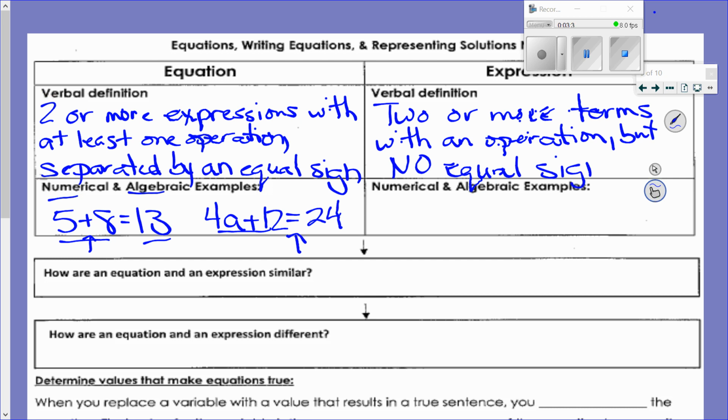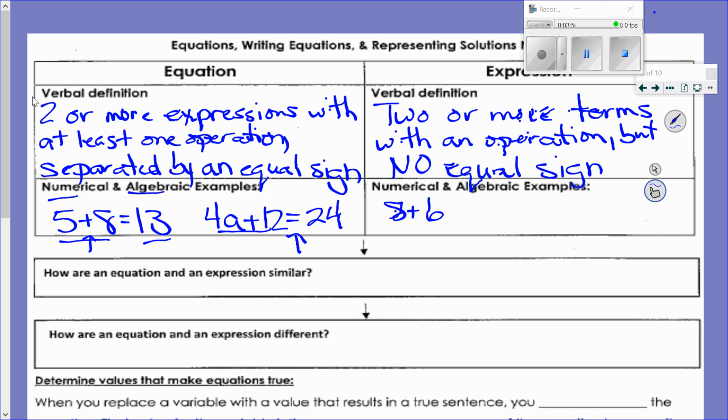In an expression, unless they tell me what a variable is, there's no way I can figure it out. In an equation, because I now have a standard of equality, I could actually solve for it. So that's our big difference between an expression or an equation. So a couple options for examples of an expression would be stuff like 8 plus 6.